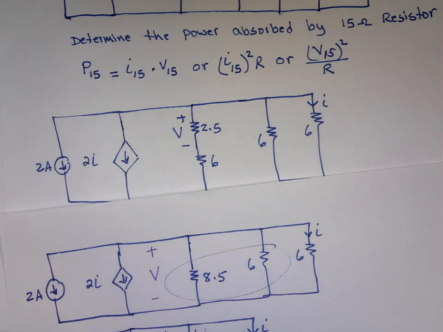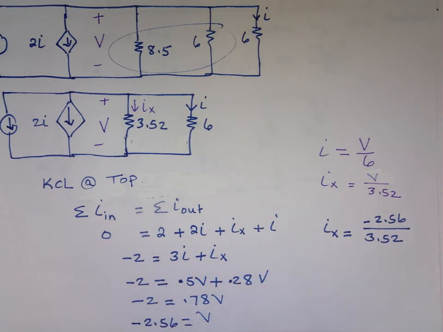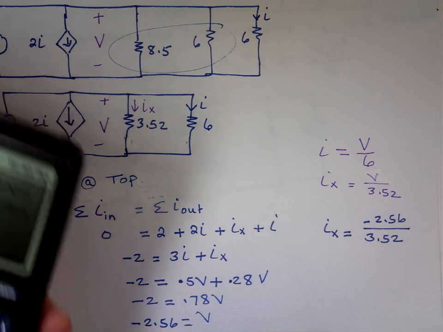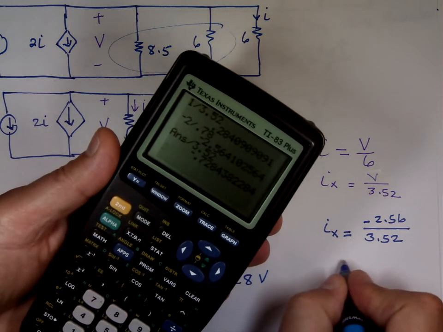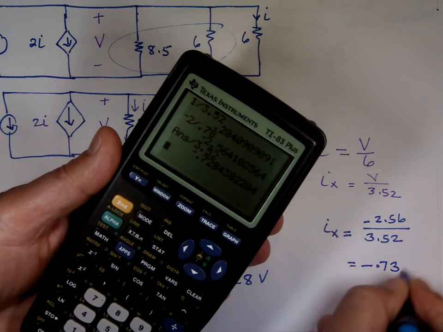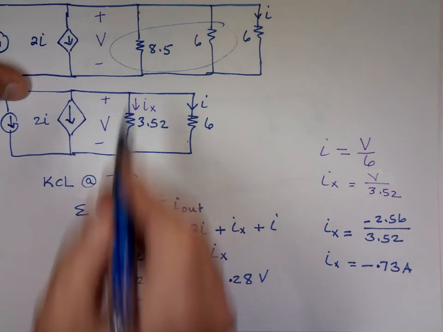Since I almost have the current in front of me here, let me find the current, which is negative 2.56 divided by 3.52. And I sub x equals negative 0.728, or 0.73 amps. Remember, the 8.5 ohm resistor is really the combination of these.